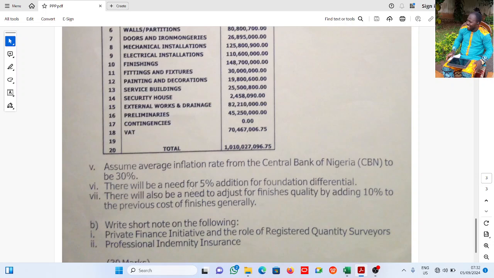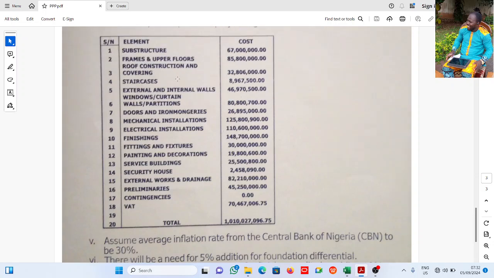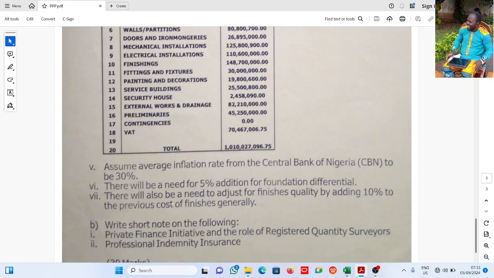Now it says there will be need for a 5% addition for foundation differential. So in the substructure, there will be need for a 5% foundation differential, and there will also be a need to adjust for finishes quality by adding 10% to the previous cost of finishes generally.